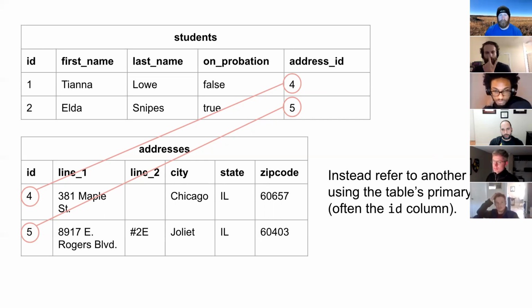There are edge cases and design choices, and that all will come into play. You could model that where a student has multiple addresses, but I don't want to get too into it. You can't directly model that in a database. You have to use a third table, a join table. But we'll talk about that later.